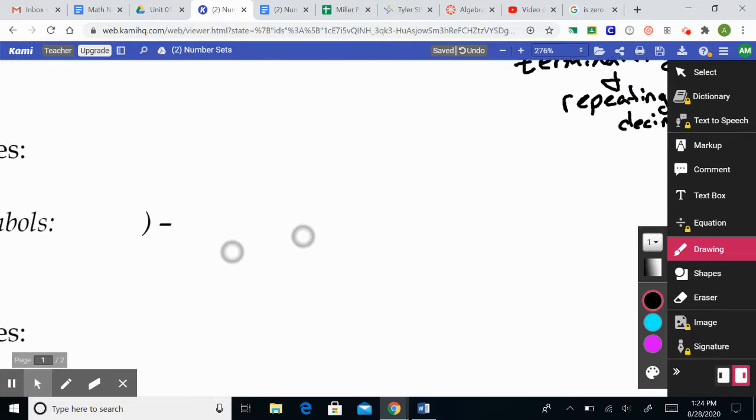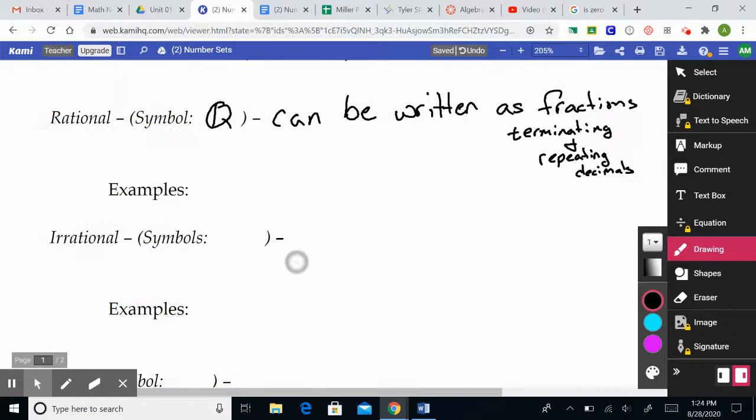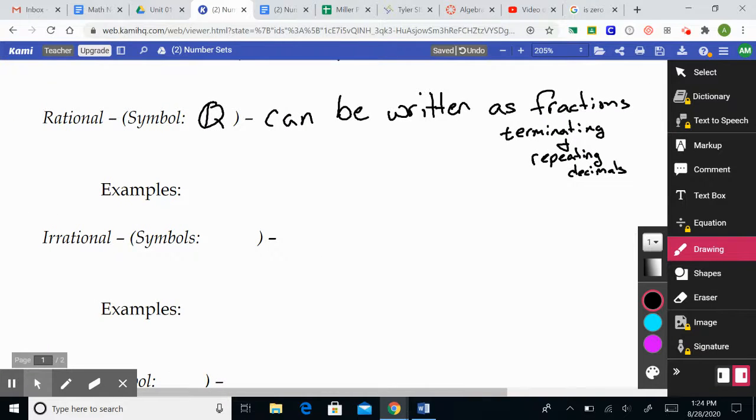So examples of rational numbers would be things like 1, 0.35, 3/4, 0.3 repeating, anything like that.